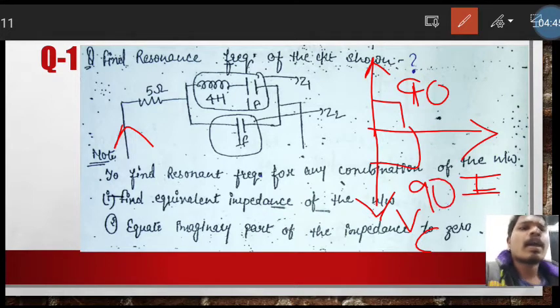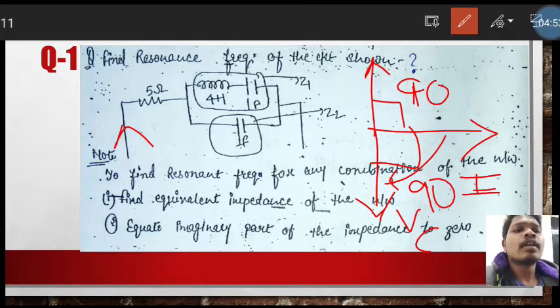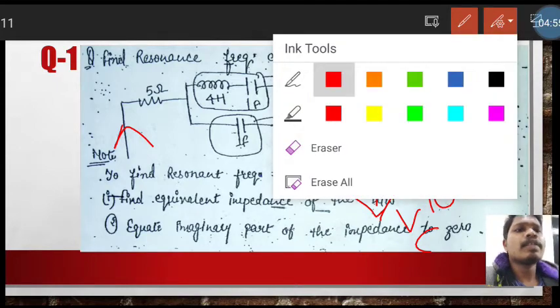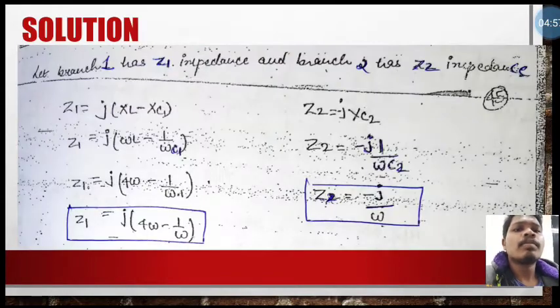So here the capacitive voltage is lagging, that's why it is in the clockwise direction. And if it is in the clockwise direction, then we take the minus term here, so that's why we are taking the minus term.